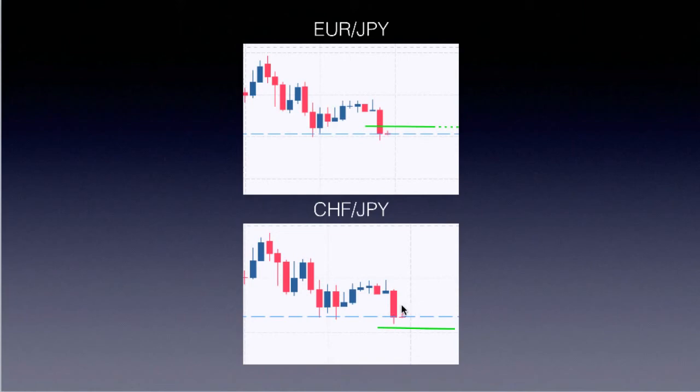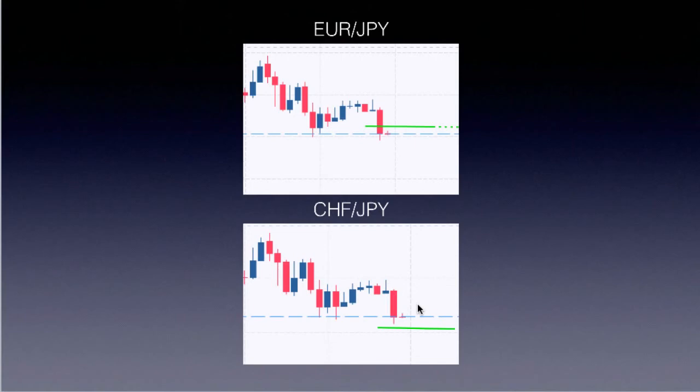Reason being, if price, as an example, let's say we did a buy order here and we have a buy order, so we would have a green line here. If price continued to move to the downside, neither pair would trigger an entry.